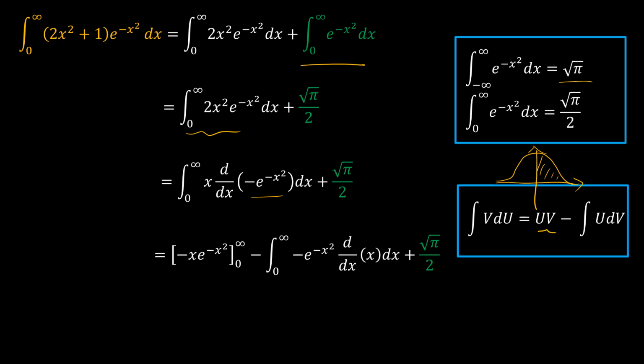So this just tends to 1, right? And the two signs interact so that we have a positive. So we have plus the integral of e to the power negative x squared. And so we see that we have a second half Gaussian integral here, and we can replace this as well with square root of pi over 2.